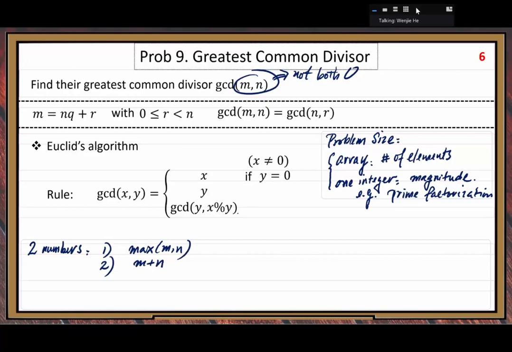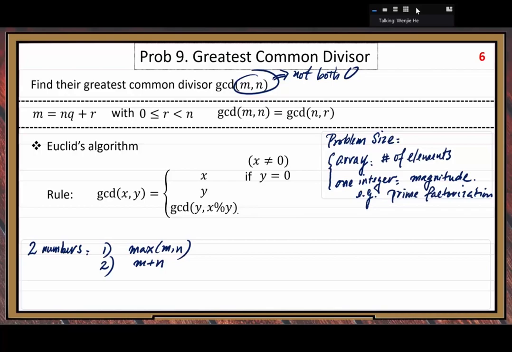Otherwise, if x equals 0, your function should return an error message that says there is no greatest common divisor between m and n, or x and y. So if x is not equal to 0, then this function returns x. That's the first base case. Then the second base case.